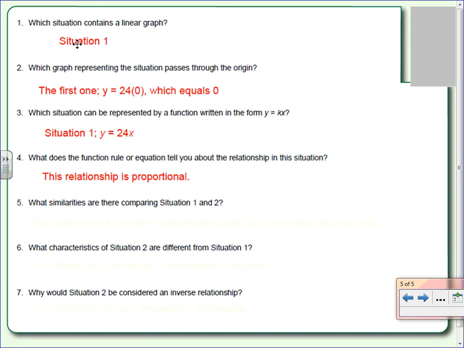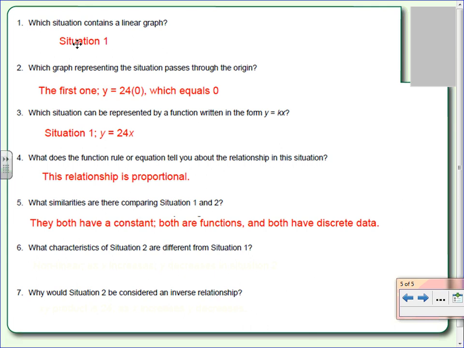Yes. So this is also a similarity. So we have both of them are functions. They're both discrete, and they both have something called a constant. So these are some things that I noticed. You may have noticed some other things, and that's okay. You can leave those there, but we should have these.